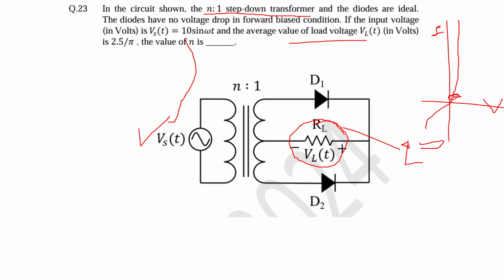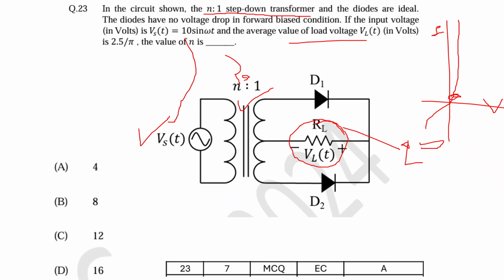So what is the value of N? That is the question, right? As per your answer key, answer A, that is 4, should be correct. So how can we solve?